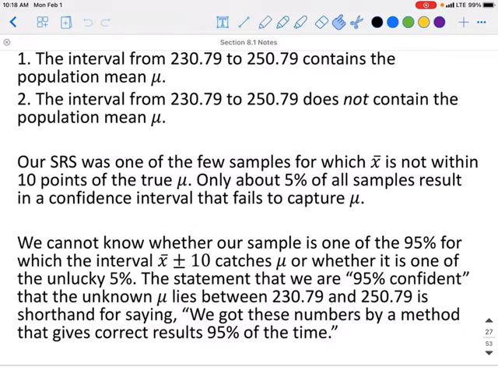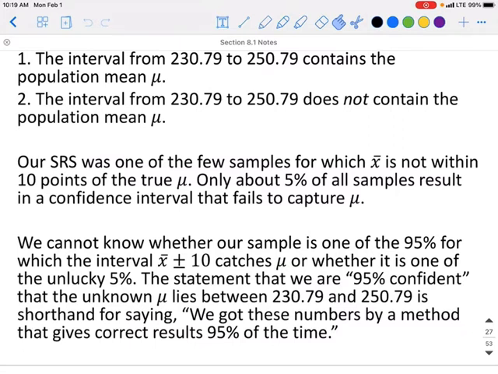Only about 5% of the samples result in a confidence interval that fails to capture mu, the population mean. We cannot know whether our sample is one of the 95% for which the interval of x bar plus or minus 10 captures the mean of the population, or whether it's one of the unlucky 5%.